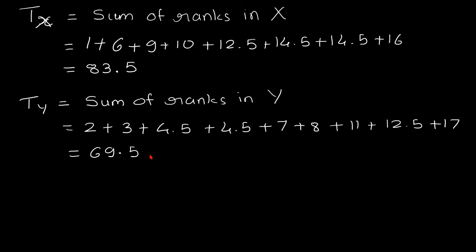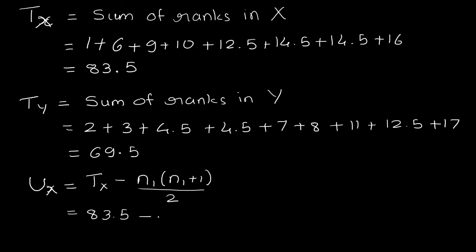Now tx and ty have been calculated. Now next step is calculating something called ux. Now what is ux? Ux is defined by tx minus n1 into n1 plus 1 upon 2. Now tx I know very well, tx is 83.5 minus n1.